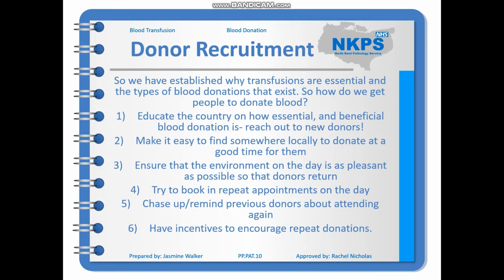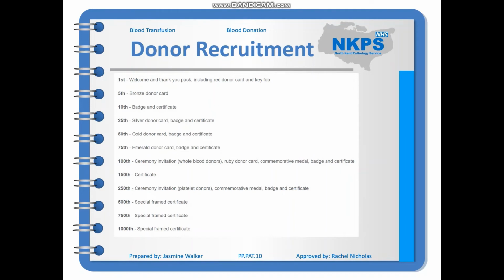So a lot of work goes into reaching out to new donors, making it easy to find somewhere locally to donate at a good time for them, ensuring that the environment on the day is pleasant so that donors want to return, and trying to book in repeat appointments on the day as opposed to relying on someone to come back and sort it out in their own time, reminding previous donors about attending again, and having incentives to encourage repeat donors.